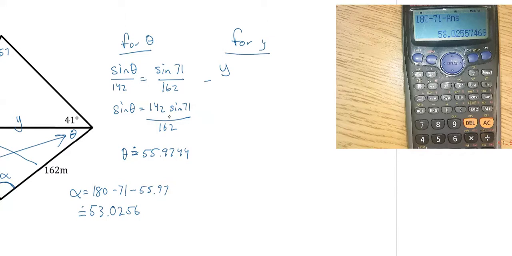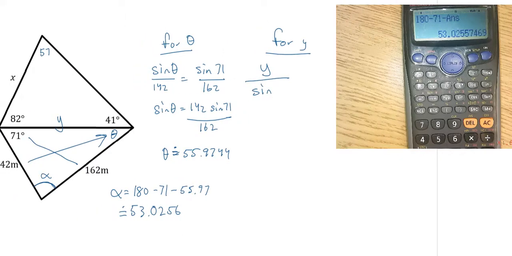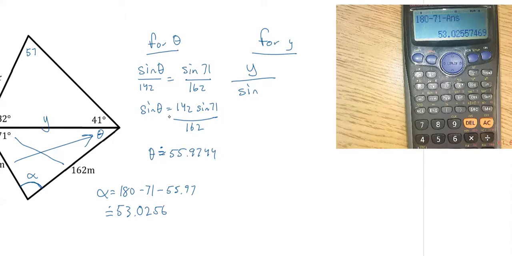So y over sine of the angle across from it, which is that one we just calculated, alpha, so sine of 53, equals 162 over sine 71.